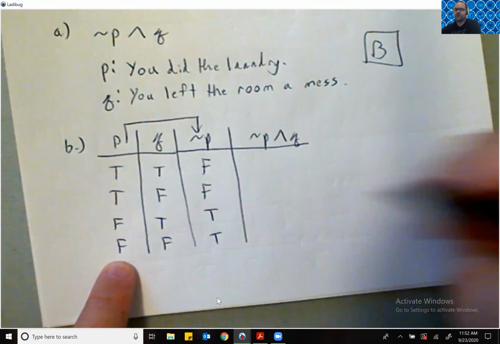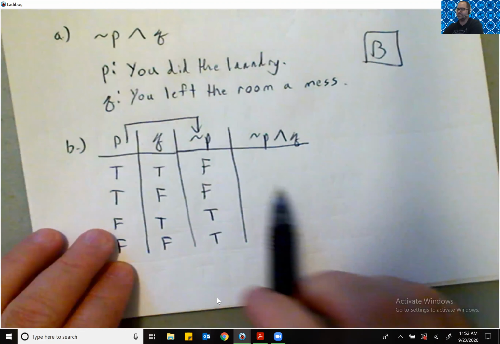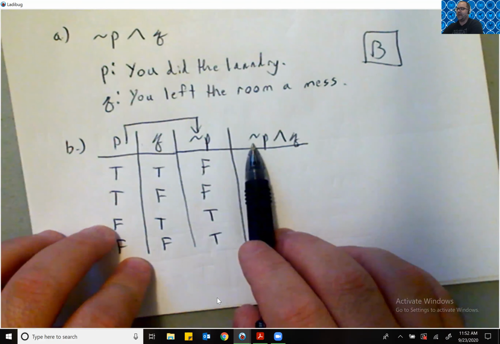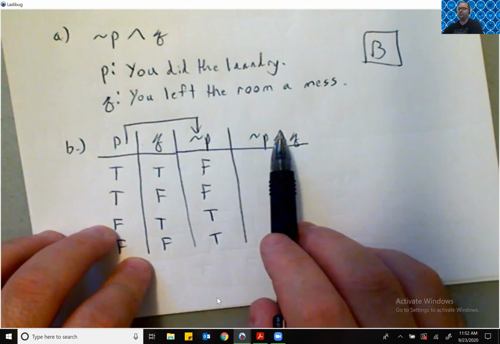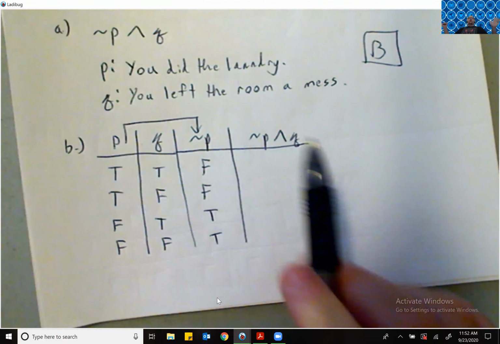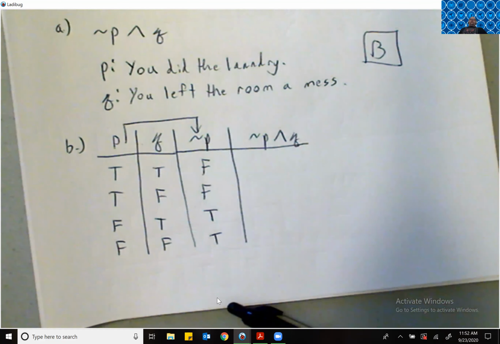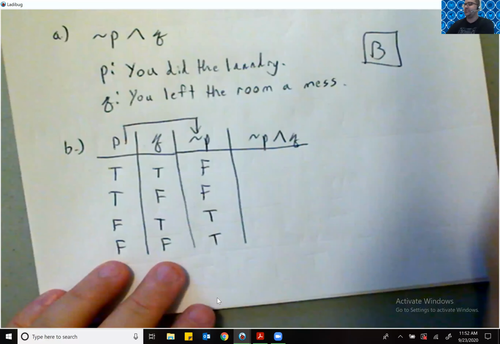Yay. Now over here it says we're going to negate P and Q. Ands are only what when what? Ors are only false when both are false. Ands are only true when they're both true.